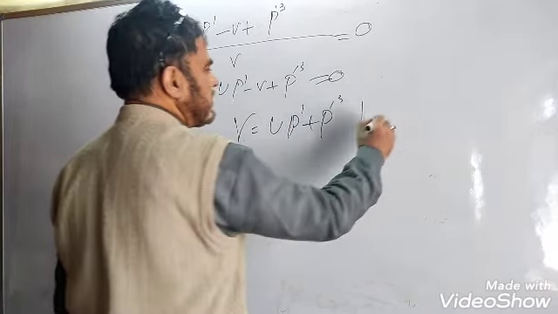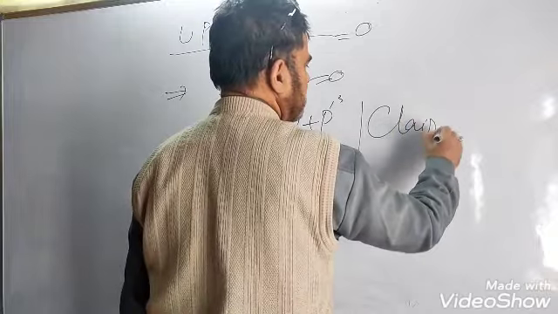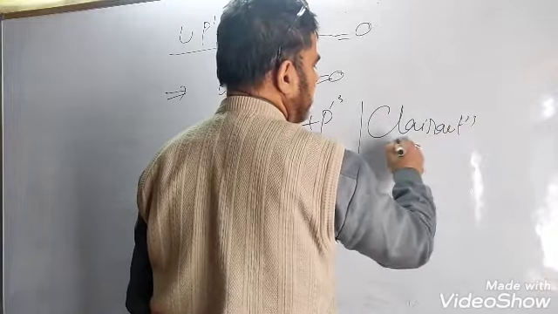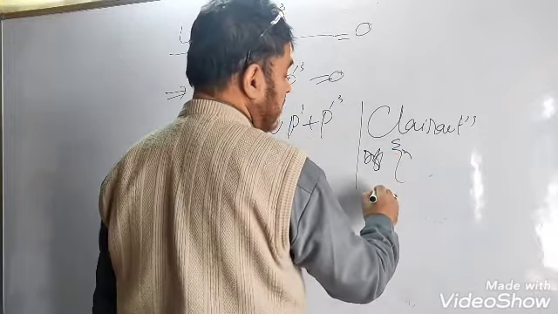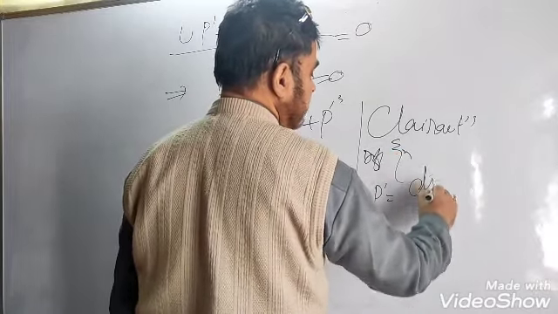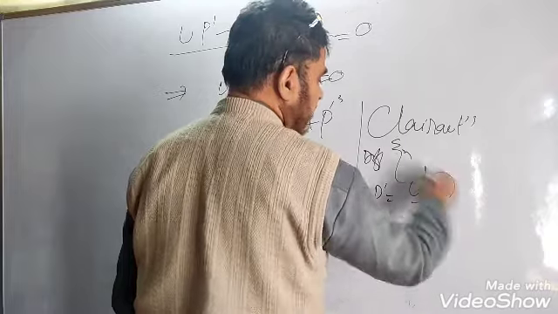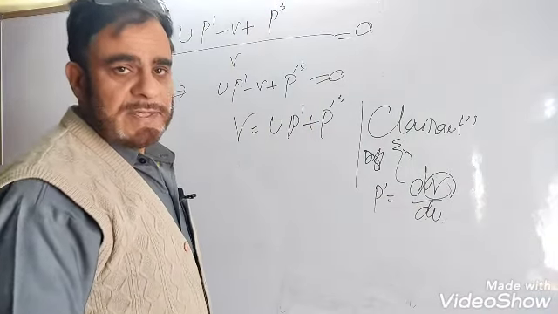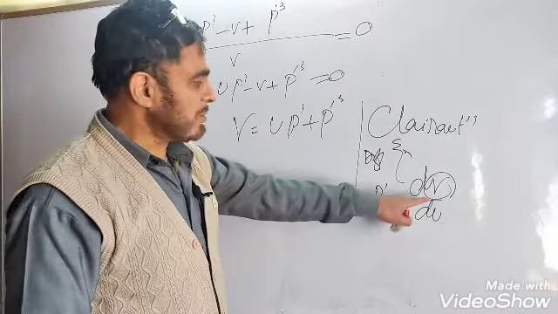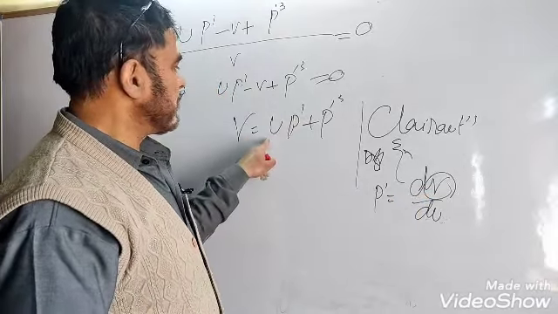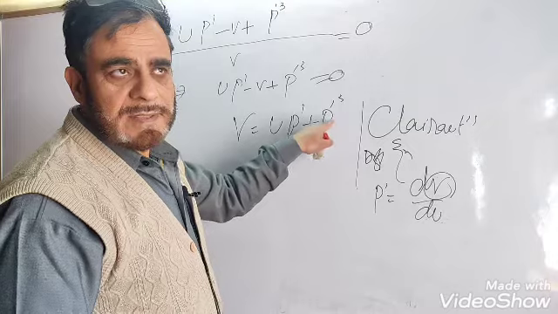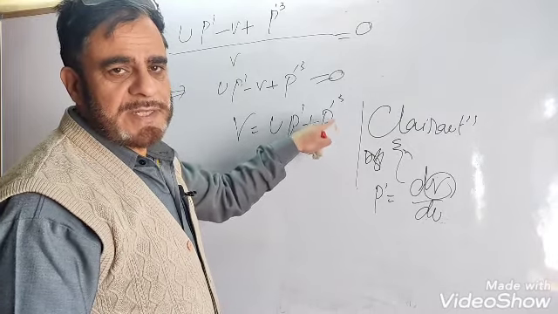Now what is this? It is a Clairaut's equation. It is Clairaut's differential equation, because why? Your p dash is dv by du. It is your dependent variable. So when you write the Clairaut's form, it should be v is equal to p dash u and some function of p dash.